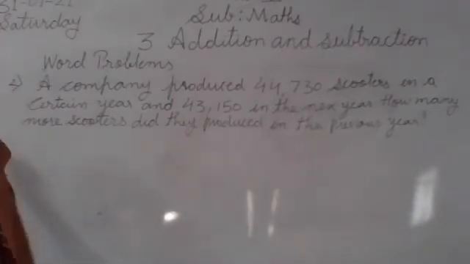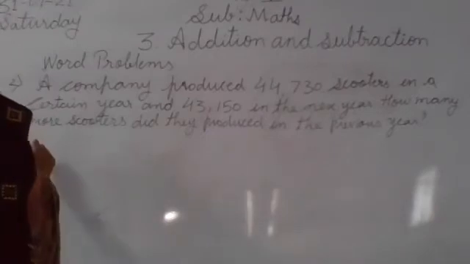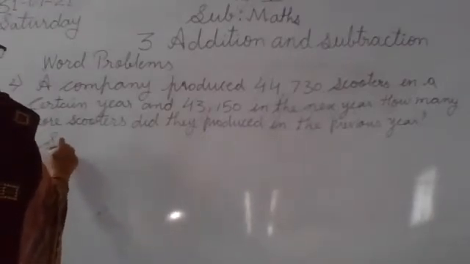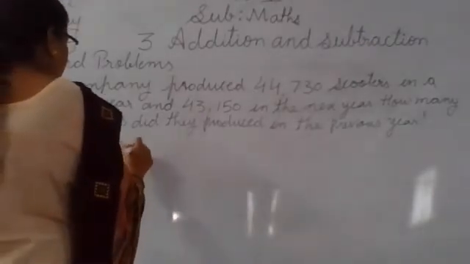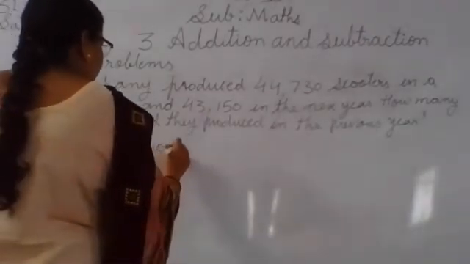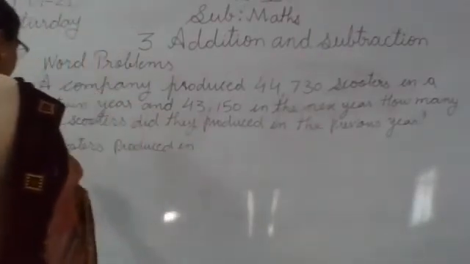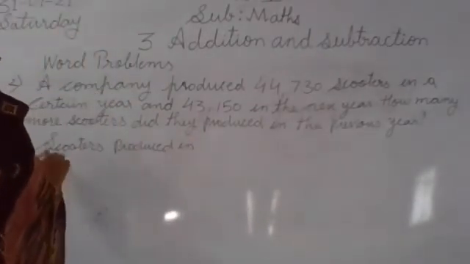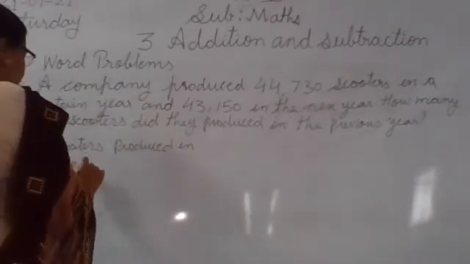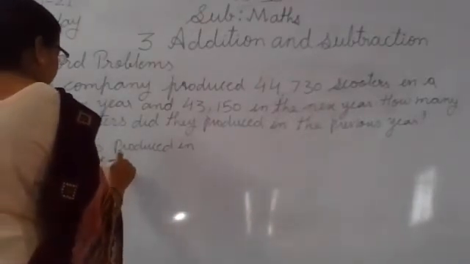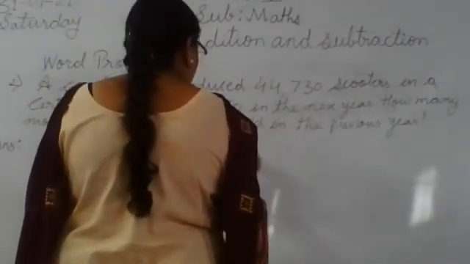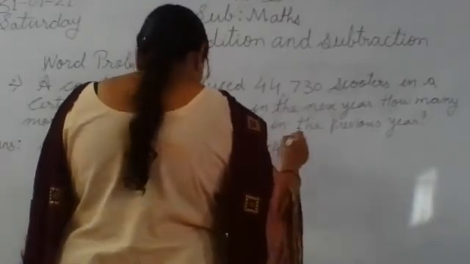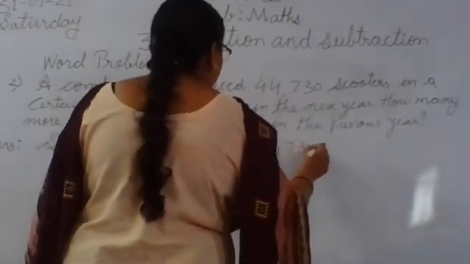So answer: scooters produced in the first year is what, beta? It is 44,730.